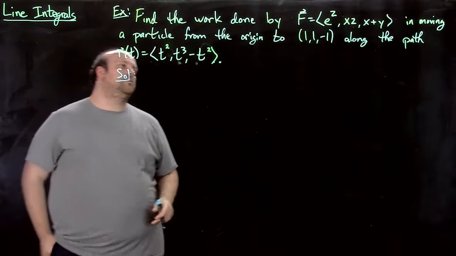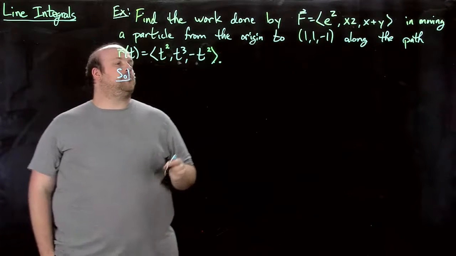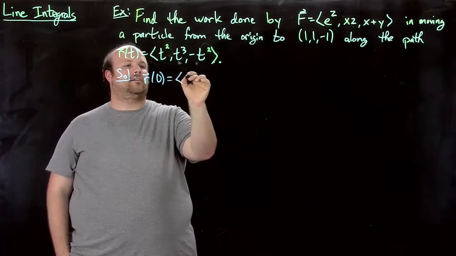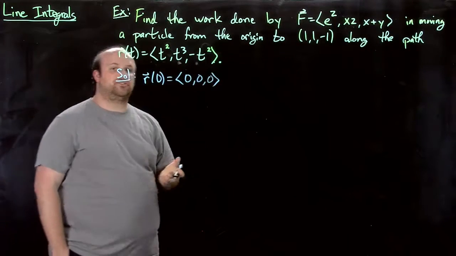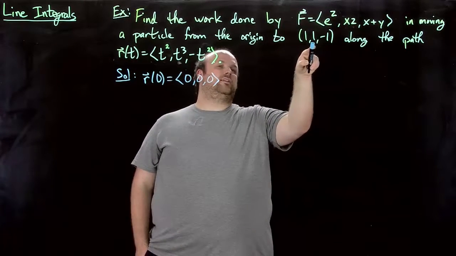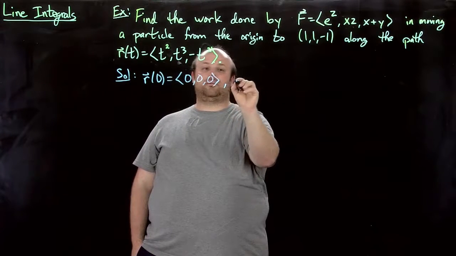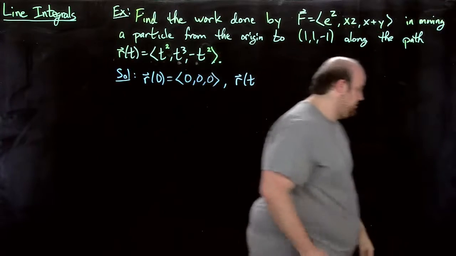To do that, the first thing we need to do is figure out the t values. It's pretty easy to see that when t is 0, we get the origin. And if we want to match 1 in the y component, since this is t cubed, there's only one possible answer, and it has to be 1.